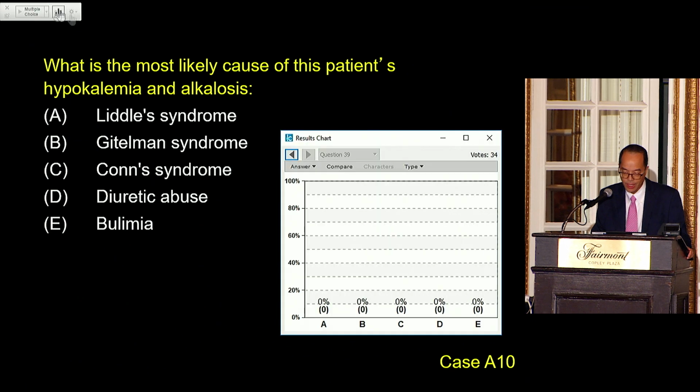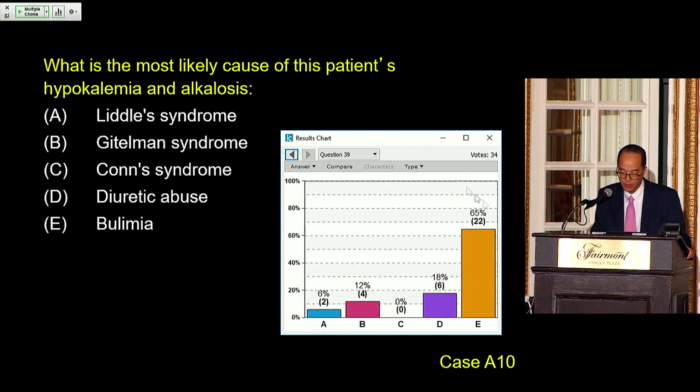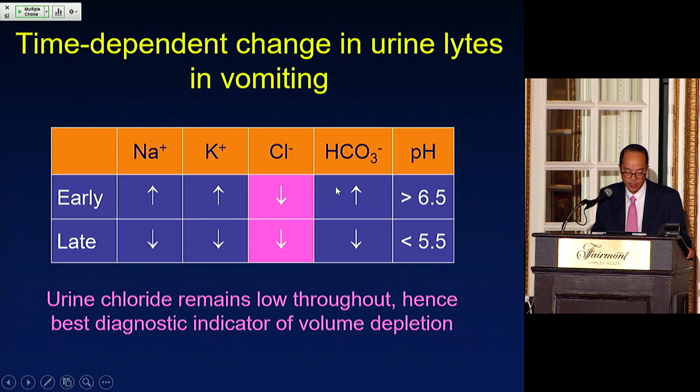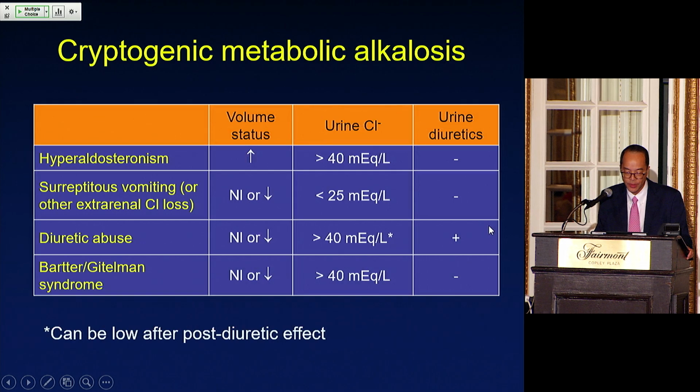Okay, time's up. So the majority of you chose E, bulimia, which is the correct answer. This is to remind you that in the setting of metabolic alkalosis, which this patient has, the chloride is the best indicator of volume depletion because unlike the sodium, it's always low. Okay?